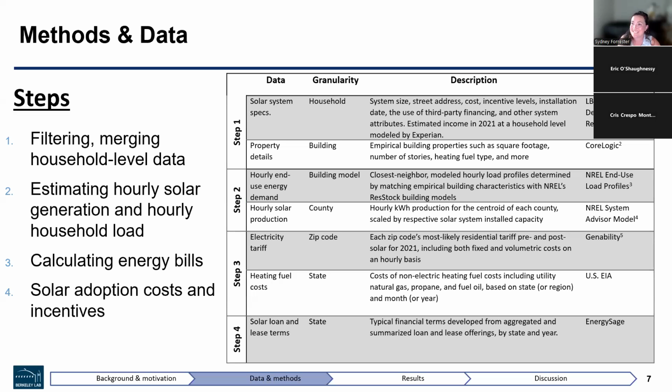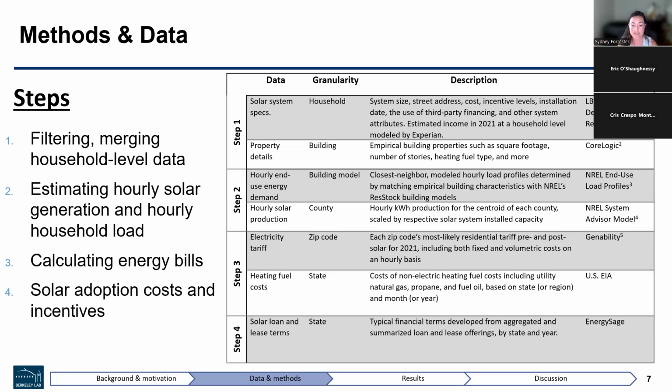So to get this big data set where we will share the results from, we had to do quite a few different steps. The first step was really just getting all of our empirical household level data to agree with one another. Some of you might be familiar with our group's annual report, Tracking the Sun.